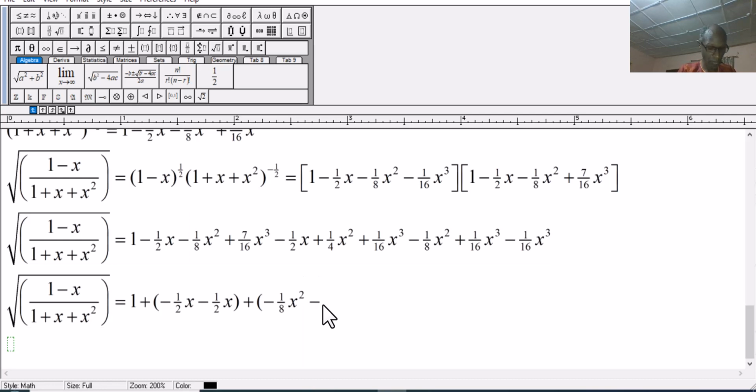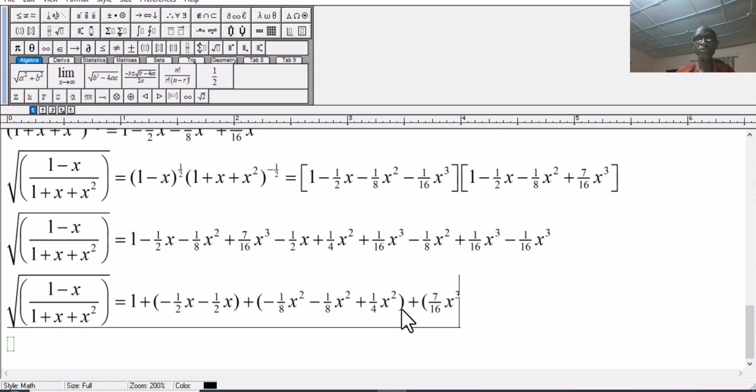So we have minus 1 over 8 x squared. So then we have this plus. So we will drag it down. So the last one, which is our plus, which is 7 over 16 x cubed.